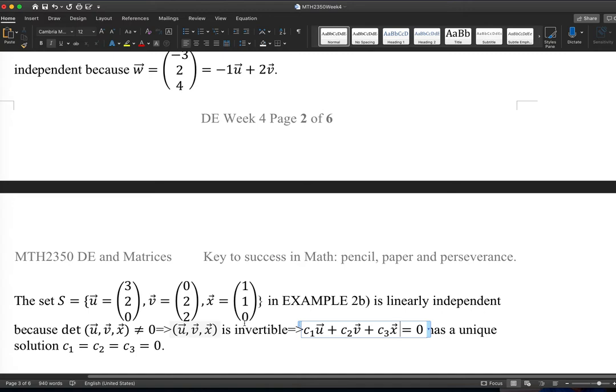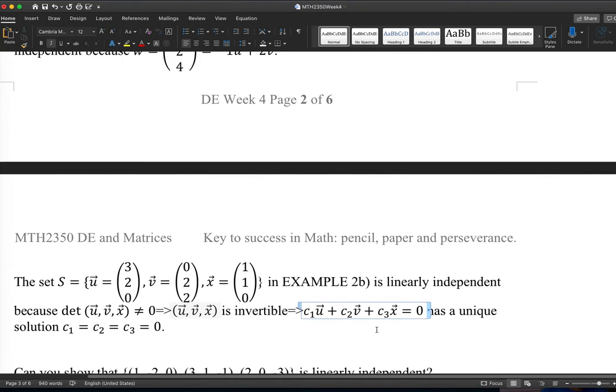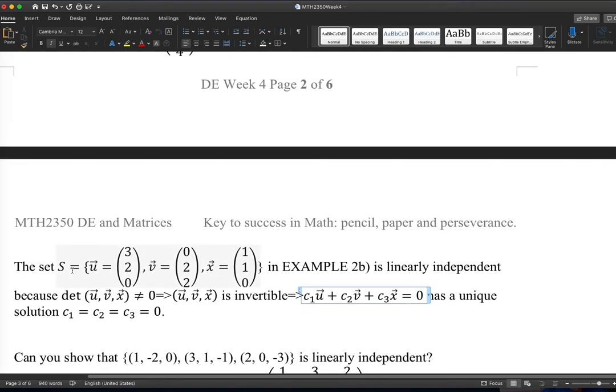And you can verify very quickly the determinant is not 0 for the coefficient matrix. When the determinant is not 0, then the matrix is invertible. When the matrix is invertible, the system can be solved using the inverse. And because the right-hand side is 0, which simply means C1, C2, C3 will all have to be zeros. So indeed, in this case, we have the set linearly independent.